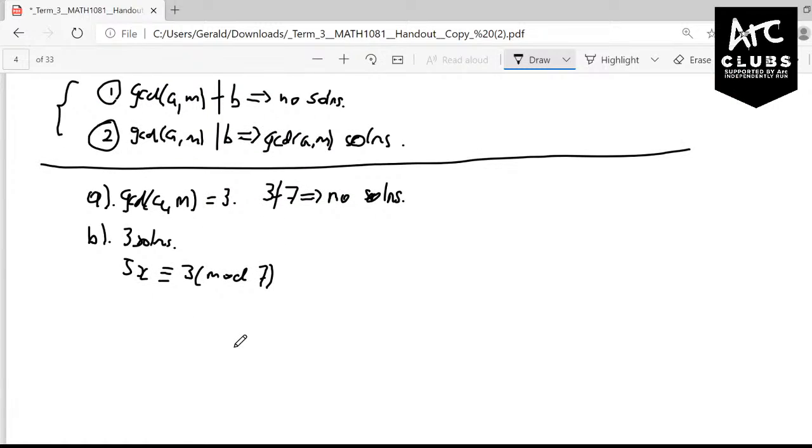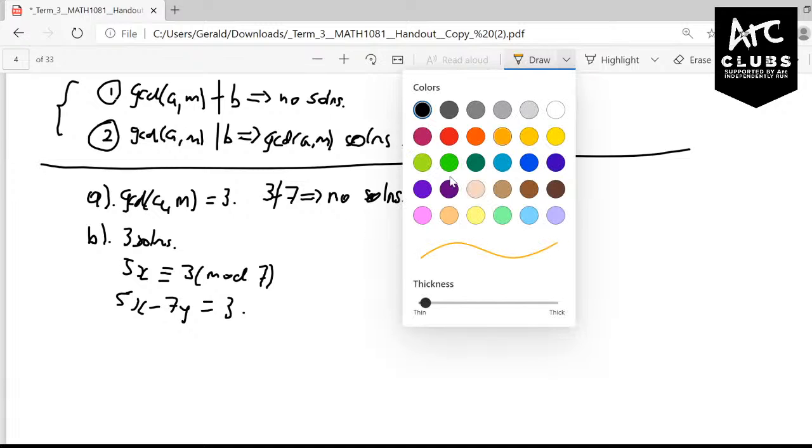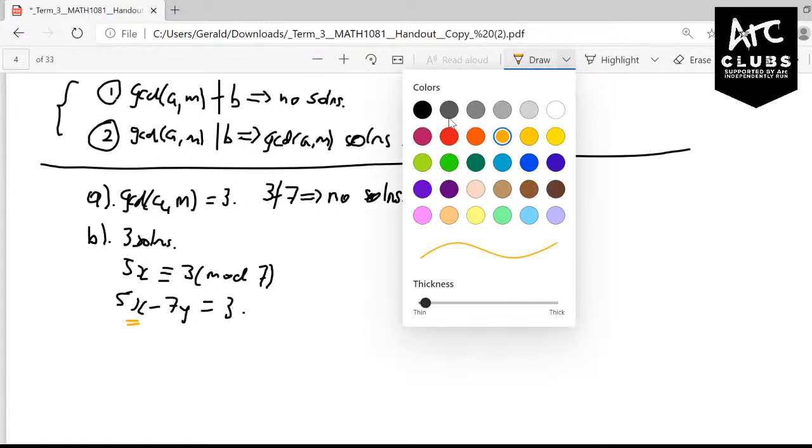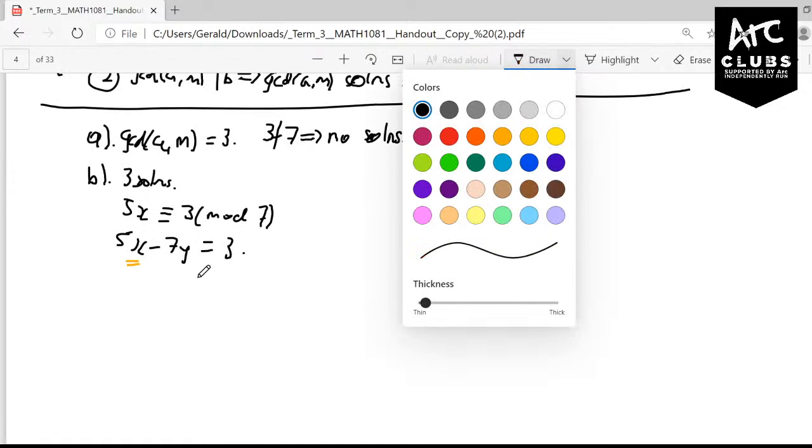And so what we want to do is to write this as 5x minus 7y, or plus 7y, it doesn't matter, that should equal 3. And we want to find the coefficient that is associated with the 5. So now we are going to calculate the greatest common divisor between 7 and 5, and to do this we use the Euclidean algorithm.